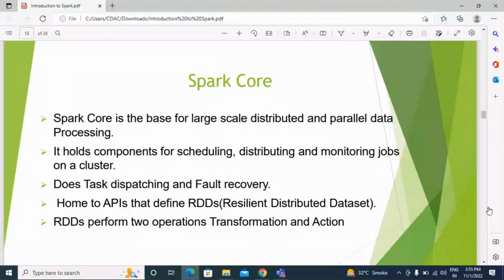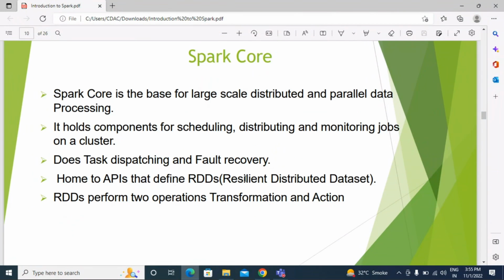Okay. So what is Spark Core? Spark Core is the base for large scale distributed and parallel data processing. Whatever kind of processing you are doing over your data, applying distributed and parallel data processing is the job of Spark Core.